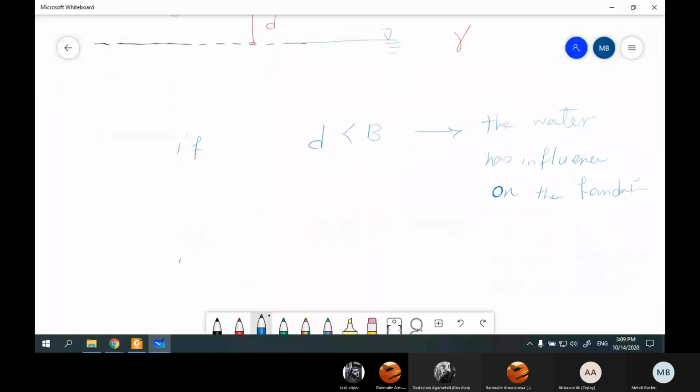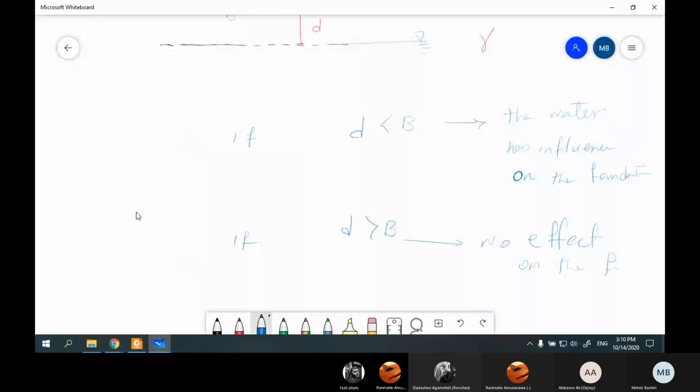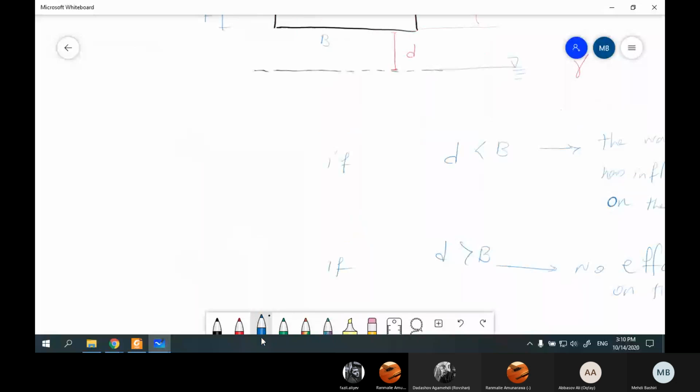But if d is more than B, no effect on the foundation. So we should provide our equation based on this definition.